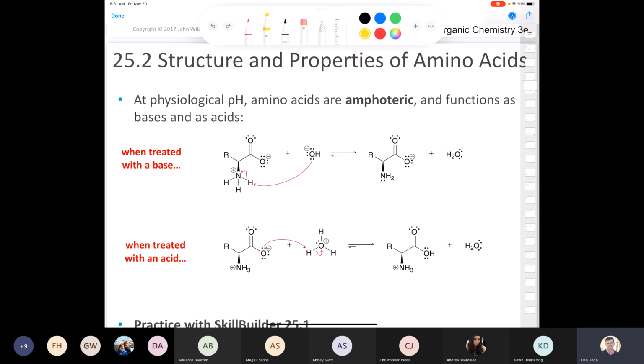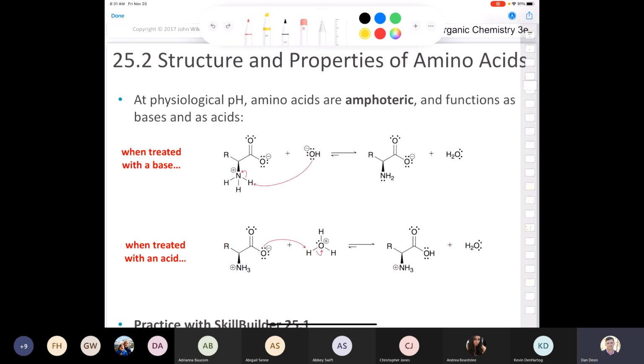When we take that zwitterion and treat it with a strong base, like a hydroxide base, like sodium hydroxide or lithium hydroxide, the zwitterion is going to behave as an acid, and it's going to donate a proton. The converse is true if we were to treat that zwitterion with a strong acid like hydronium, it's going to protonate it.